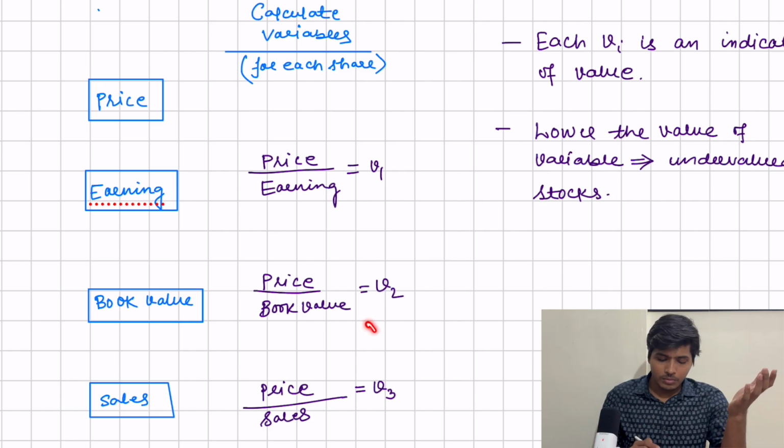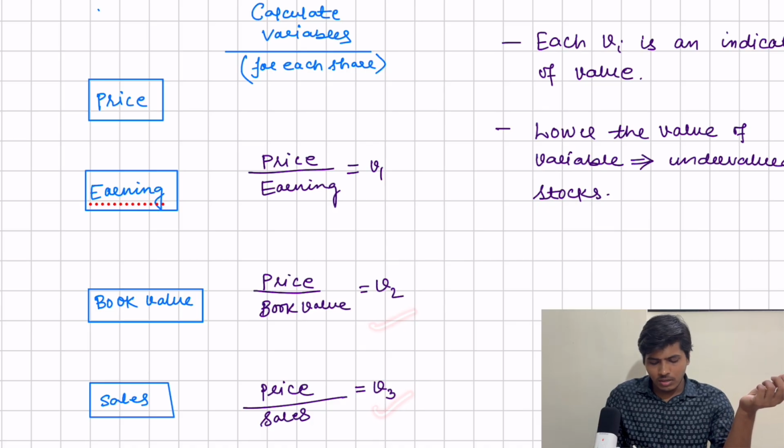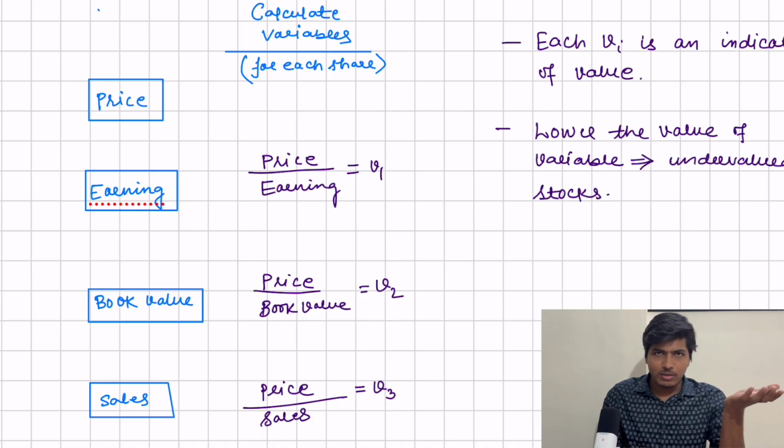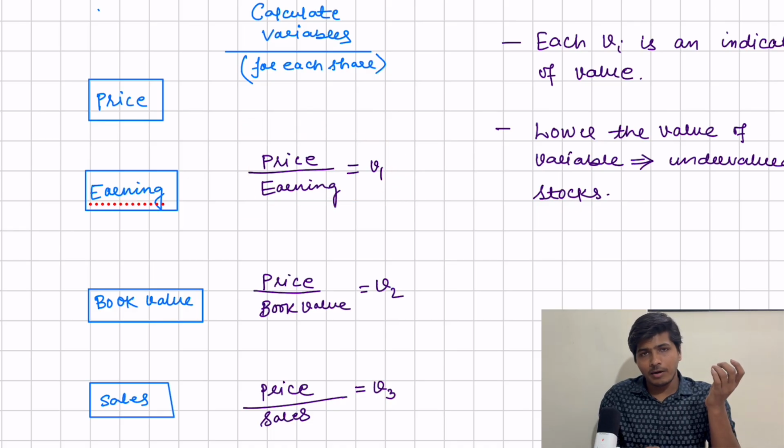When they backtest with this variable, their overall portfolios have a better Sharpe ratio. That's why they might choose those. But generally, many investors choose price to earnings as the indicator of value.